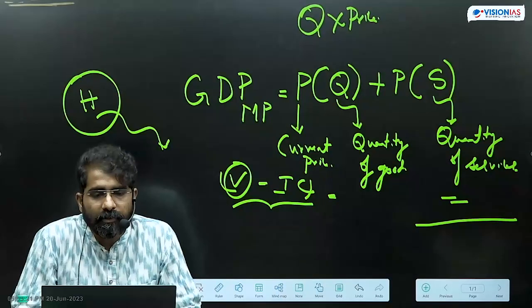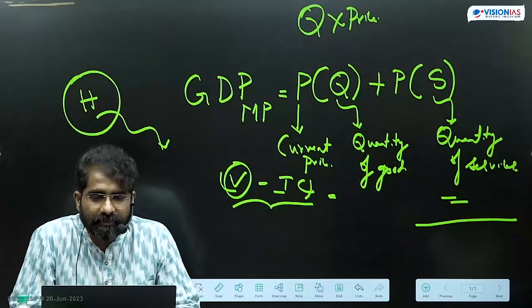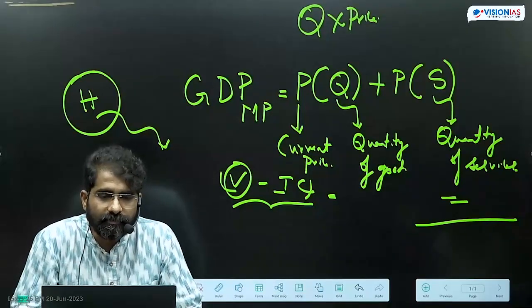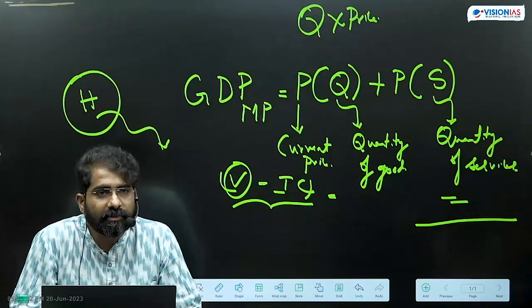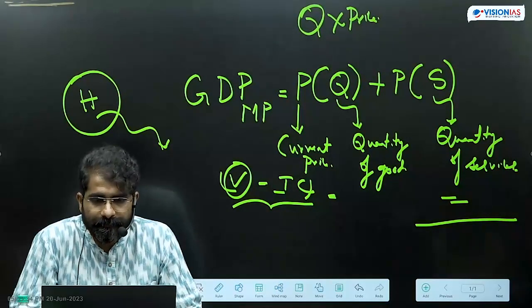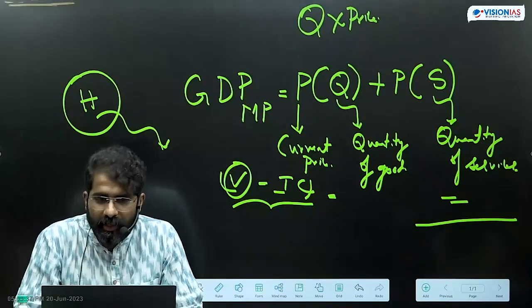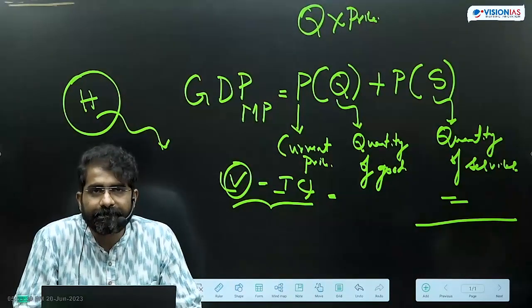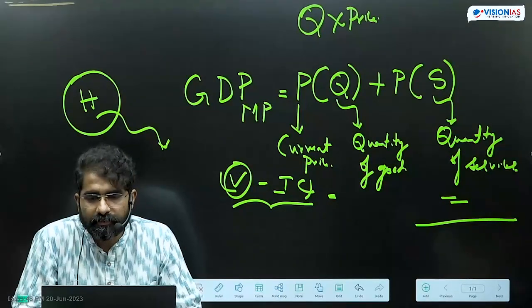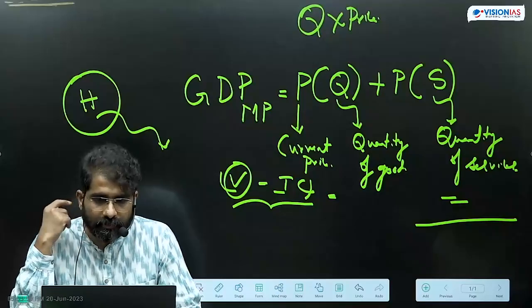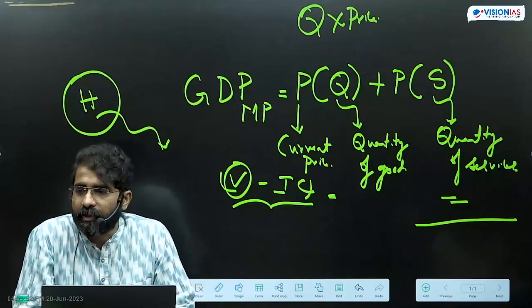Next, write down production taxes and production subsidies are independent of volume of production.